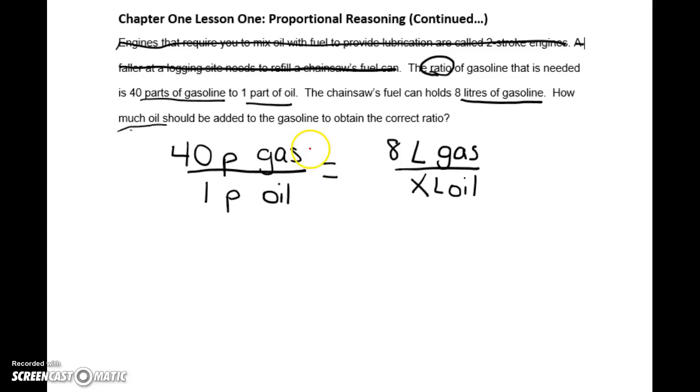So you start with the numerator, or the top of your first fraction, and draw an arrow going down to the denominator of your second fraction. And same thing with our other numerator and denominator, draw an arrow going from the denominator of the first fraction to the numerator of your second fraction.